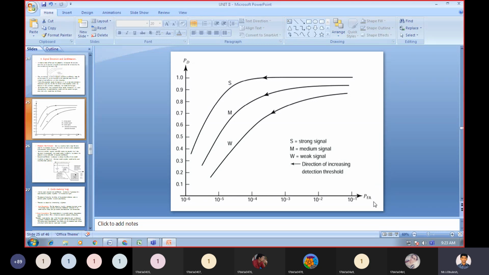This is the graphical representation for false alarm and detection. If the threshold is decreased, these two values, PD and PFA, are going to increase like this.